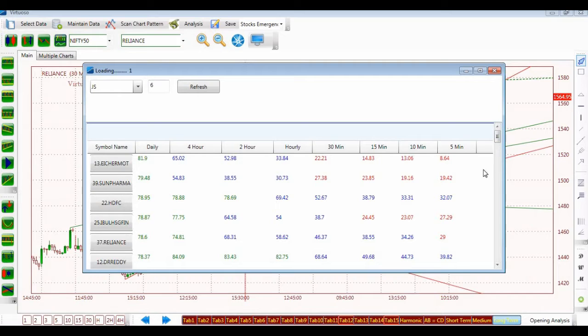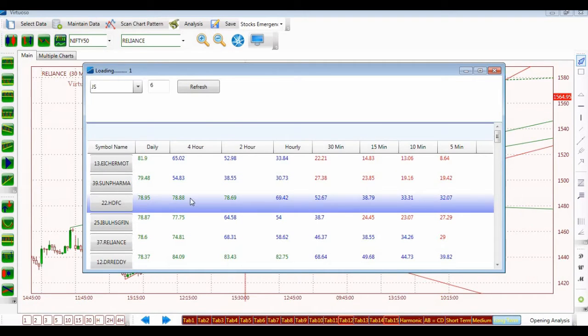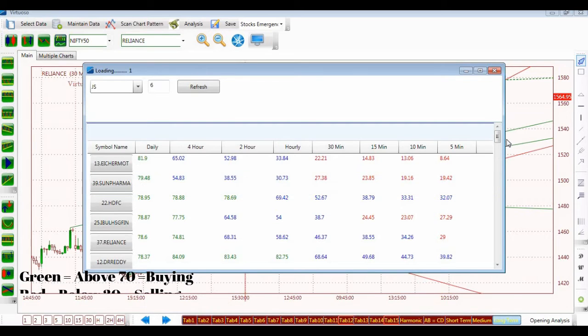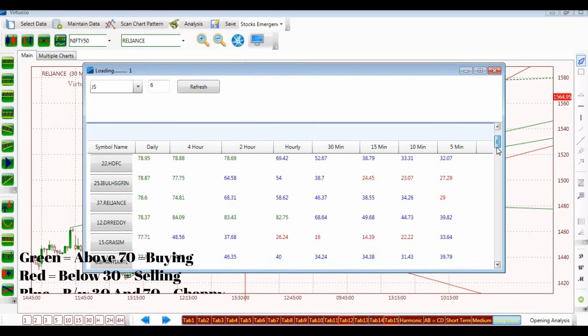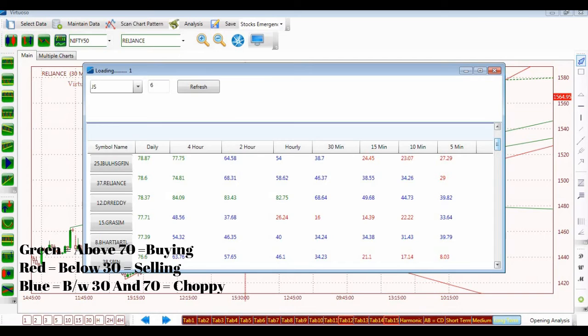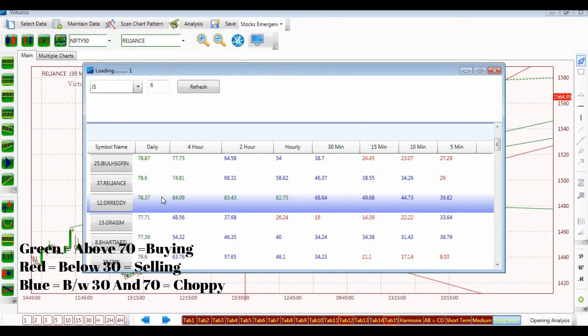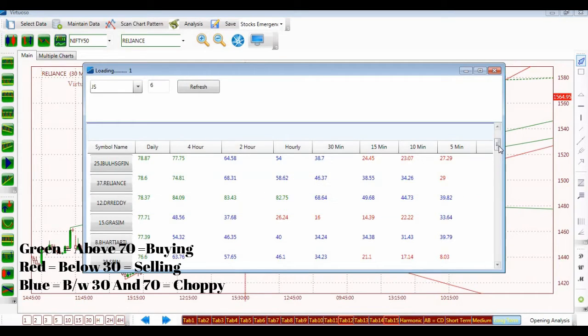Now, if all this analysis is in green, for example, if I open the market today at 9:15 or 9:30, and any of the stocks are coming in the green zone, green zone means above 70.